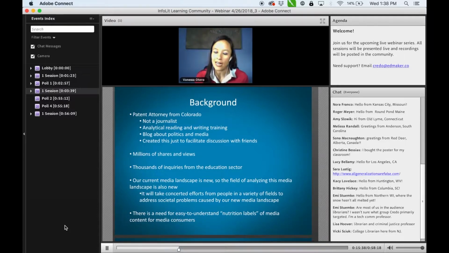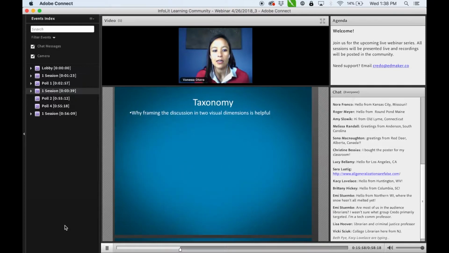Not everybody is good at it, and not everybody has the time to commit to it. So if we can figure out ways to tell folks in a reliable manner, hey, this is what's in what you're reading, I think that is a huge service, and this chart is just a beginning indicator of how to do that.